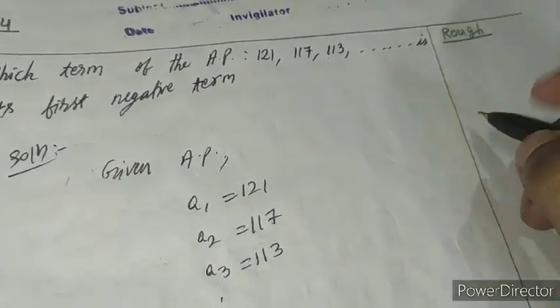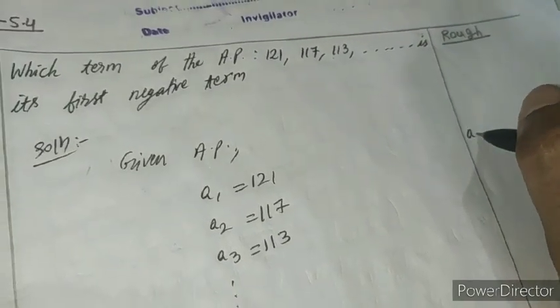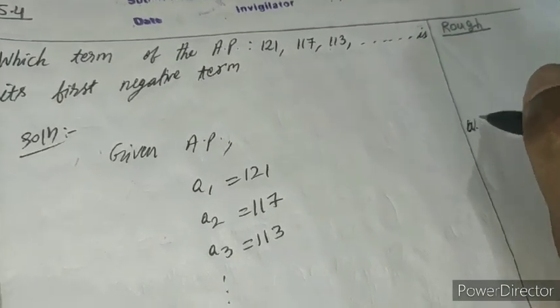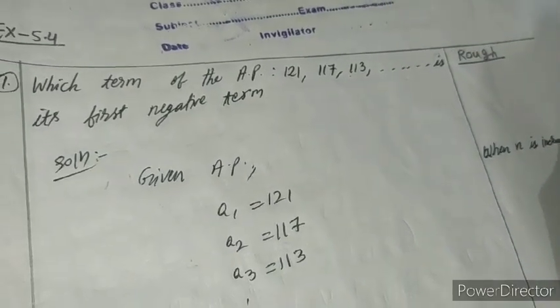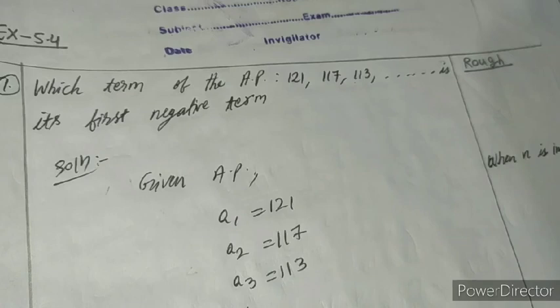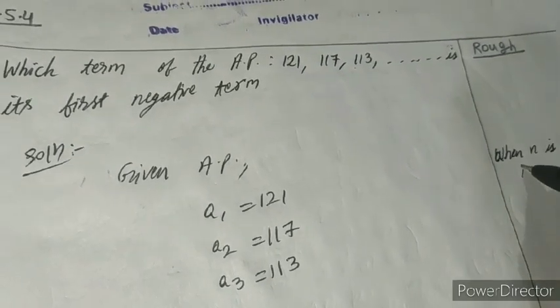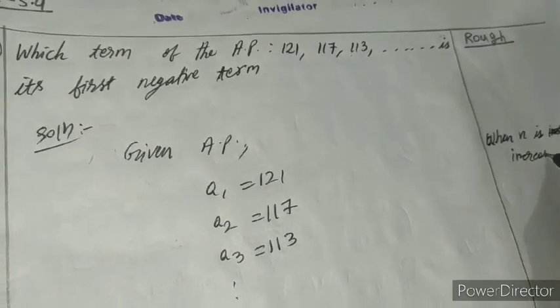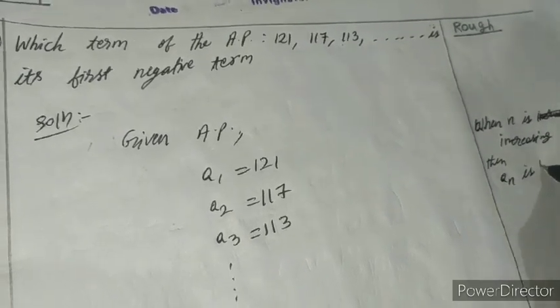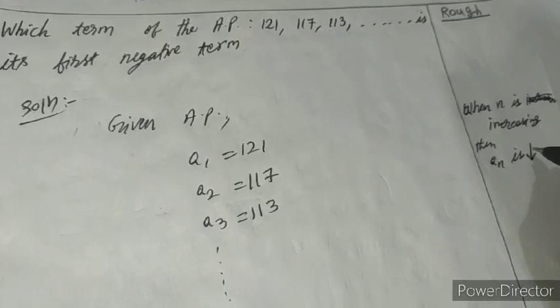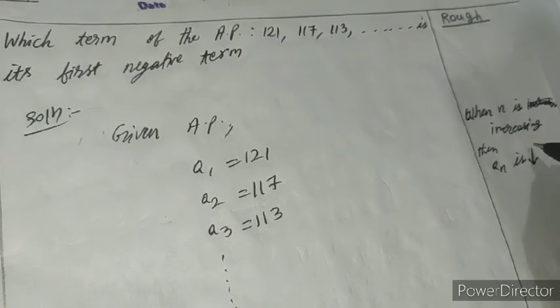In the rough, let me write a point: when n is increasing, then an is decreasing. This sign is known as decreasing.